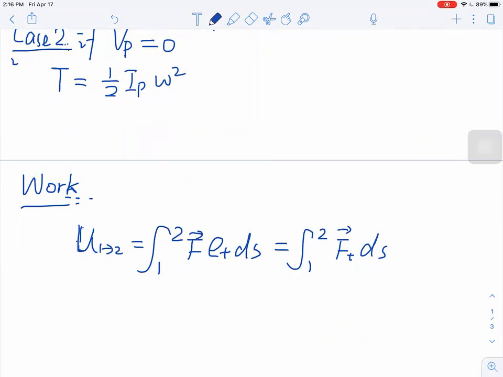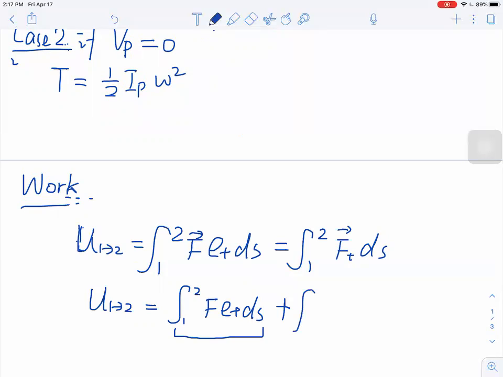And in this chapter, the work done can be more complex. So you will run into a problem like the work done equal to the integral from 1 to 2 of F e_t ds, that's the work done from force, and also a second term, plus the work done from moment, M d theta.